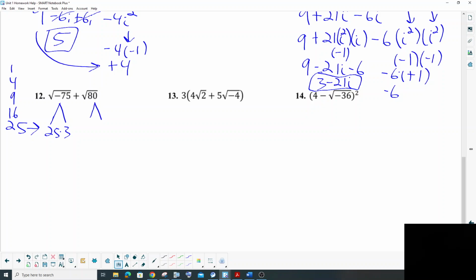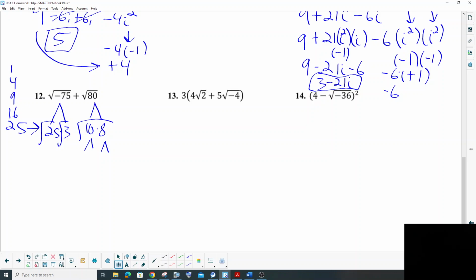And then 80 breaks down into what? Maybe 10 times 8, that could be good. Then you're still square rooting each individual thing. Don't forget to break it down more. That's a hint to remind you to choose perfect squares.